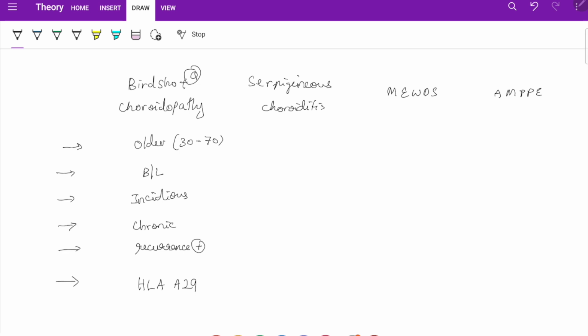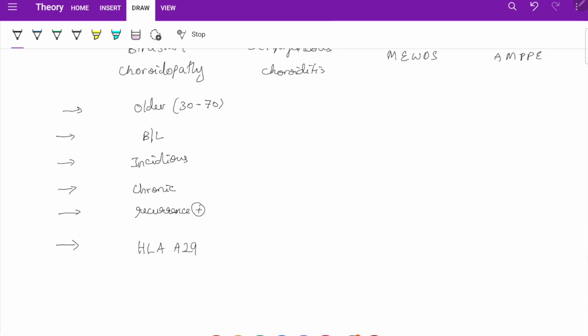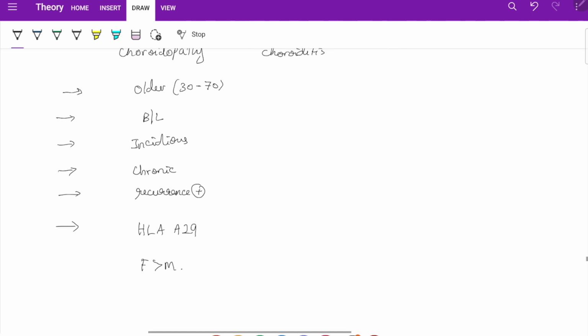So in the older age group: bilateral, insidious onset, chronic in progression, positive recurrence, HLA A29, present more in females compared to males. Okay, and there is going to be white vitritis.